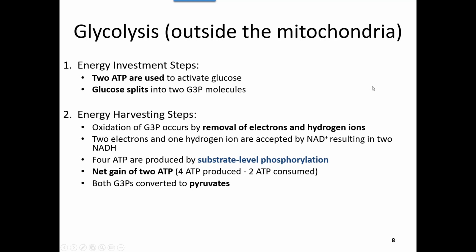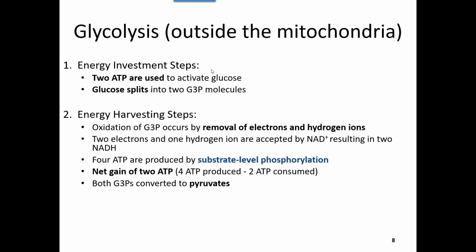And we separate glycolysis, although it is our first step in cellular respiration, there's really kind of 2 parts that are happening in glycolysis. We have an energy investment step and we have an energy harvesting step. If you recall, in chemical reactions, we need some activation energy to start reactions off.